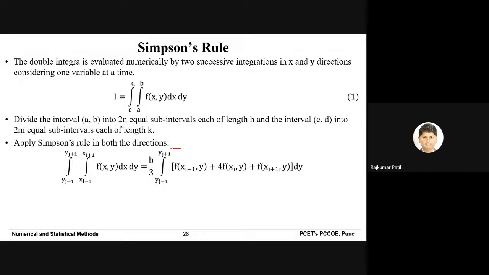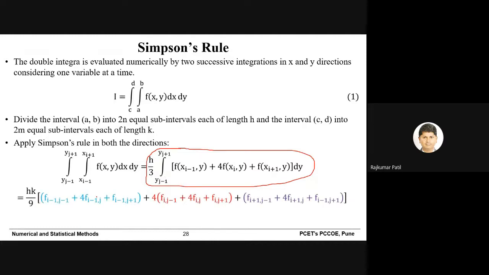Then in the second part, we take the second integration and simplify the same. Again, just like the trapezoidal rule, you can analogically correlate. In the first integration, this was the first part; after taking the second integration, this will be the first part, plus 4 into f of xi y. Similarly, you can see here the second part after taking the double integration.